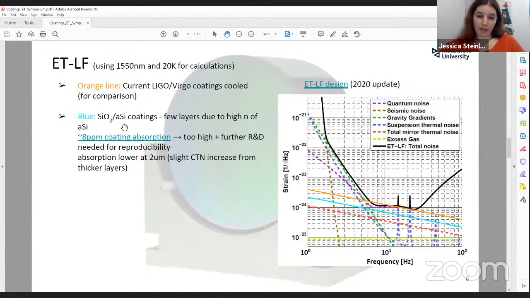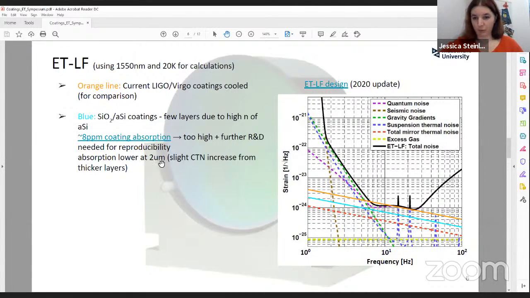The best silica and silicon coating so far realized or actually predicted from single layer measurements would have around 8 ppm coating absorption, which is still too high, and even making this level reproducible requires further R&D, but coating research is going on there. Higher wavelength might also help.